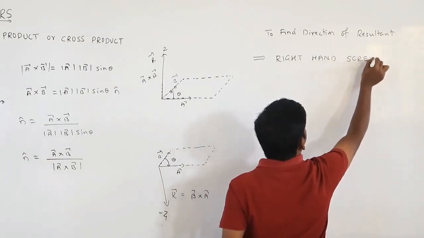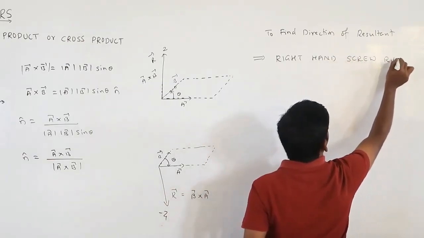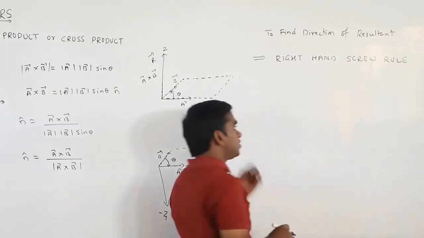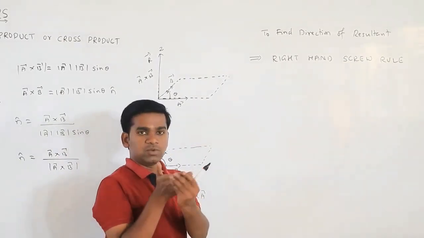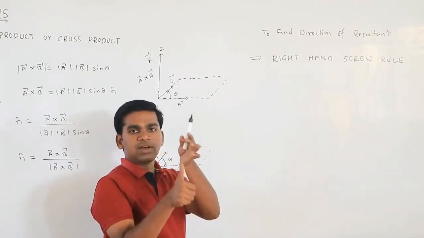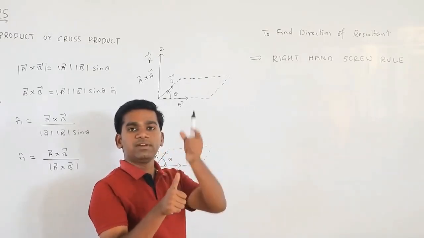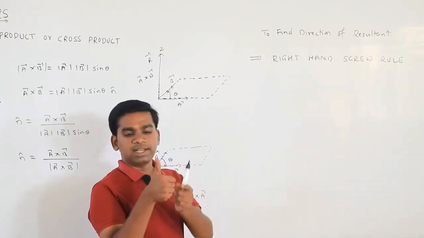Right hand screw rule means that if your fingers show the direction of rotation, your thumb will show you the direction of movement of the screw, that means the resultant.